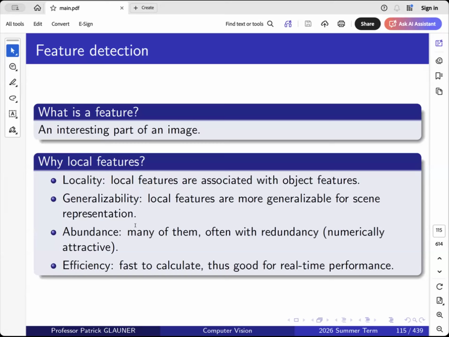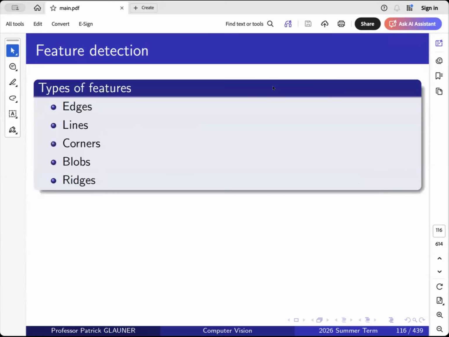Then later, maybe in some rule-based system or a learning algorithm, we only pick the features that are actually relevant. But we can efficiently calculate a lot of features and then see how we use them. We could also think about global features, but often local features. Local features, straight lines, edges, corners, help us to generalize later for the scene representation.